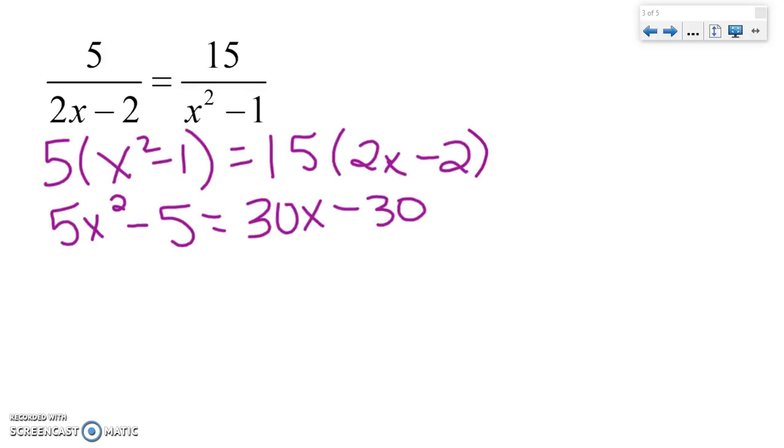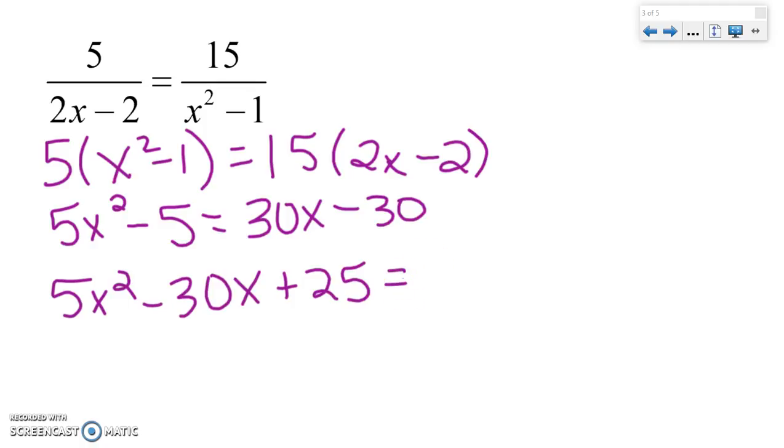Since I want that x squared term to be positive, I'm going to leave this over here. So I'm going to have 5x squared, subtracting 30x over gives me minus 30x. And then adding 30 would make this plus 25, and that's going to be equal to 0. This is a quadratic that I can factor very quickly, so that's how I'm going to solve this one.